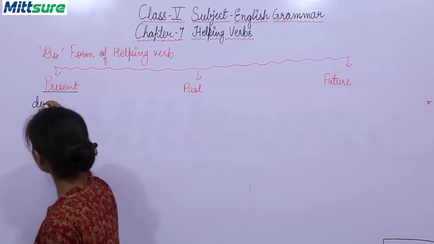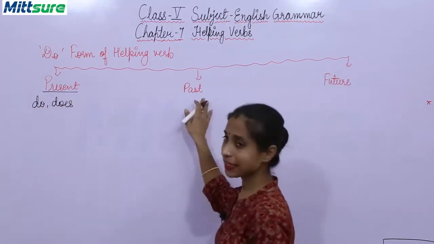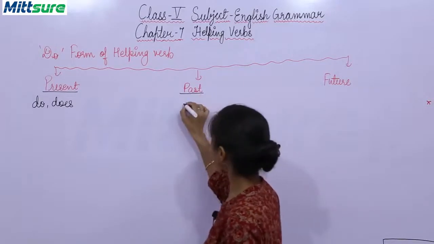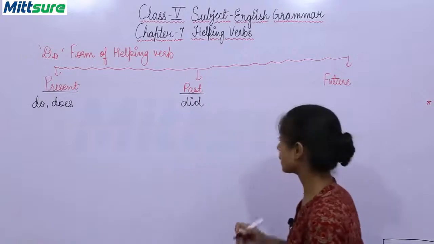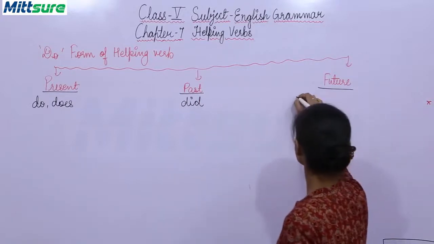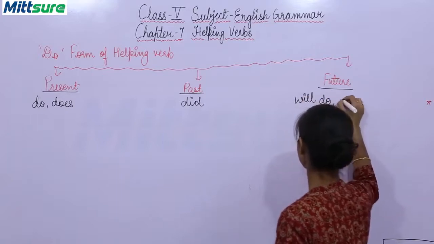Do or does. In the past tense, we use did. In the future tense, we use will do, shall do.